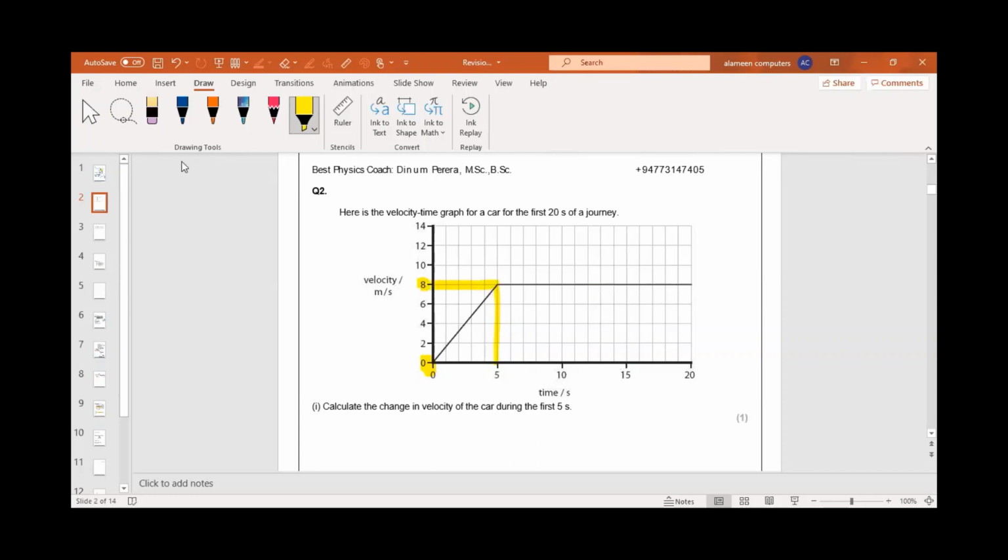So the change of velocity would be 8, but we need to calculate that, remember, right? So when they ask us to calculate it, you can't just state it, you need to show it. So change in velocity is equal to final velocity minus initial velocity.